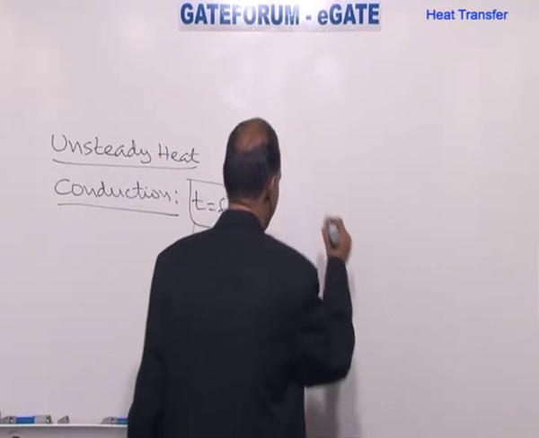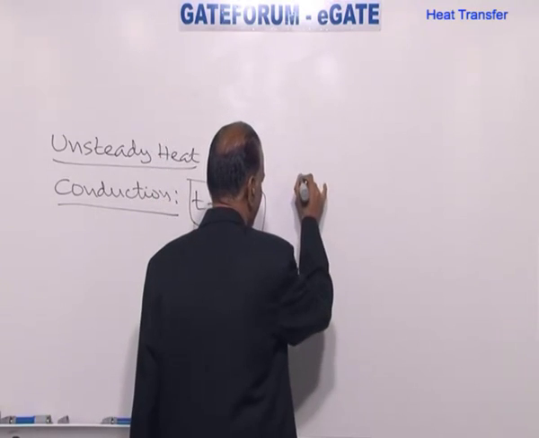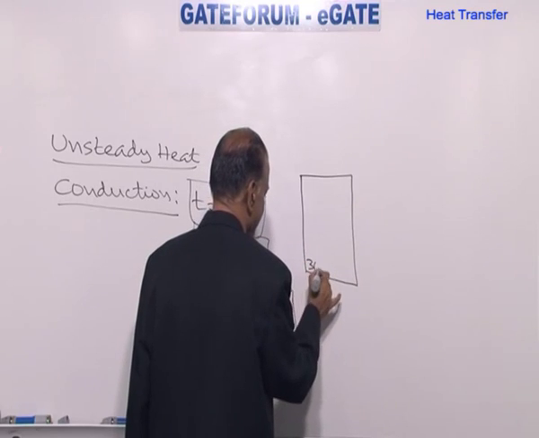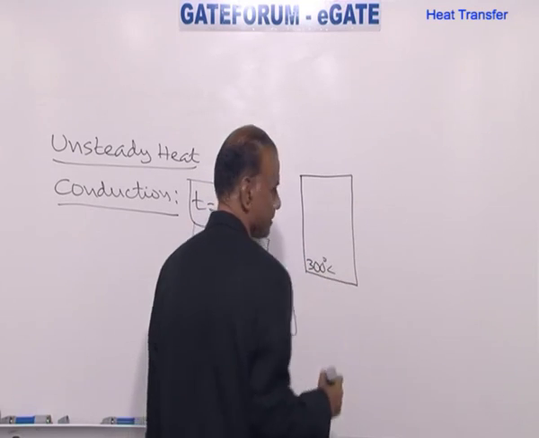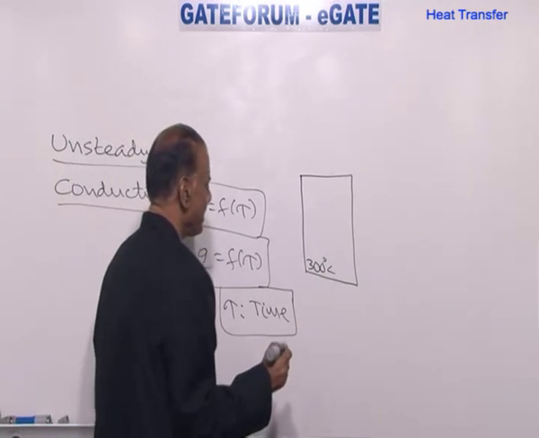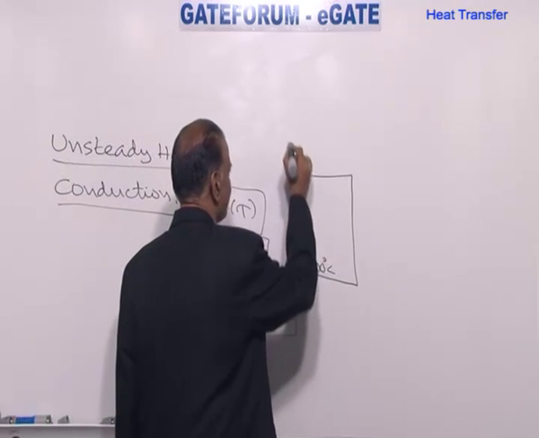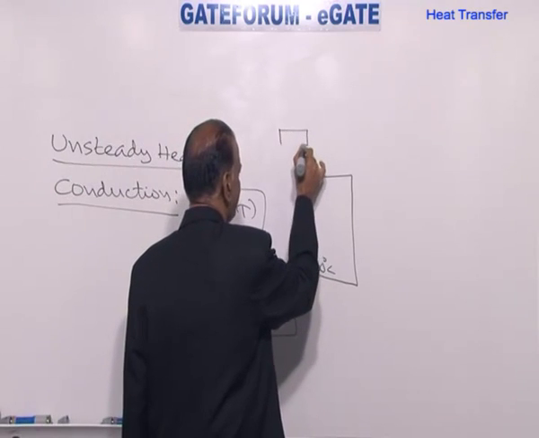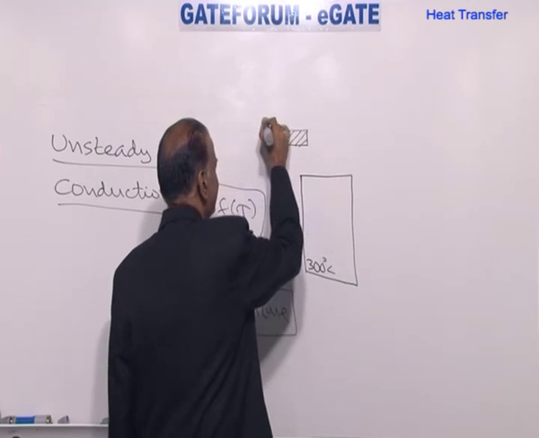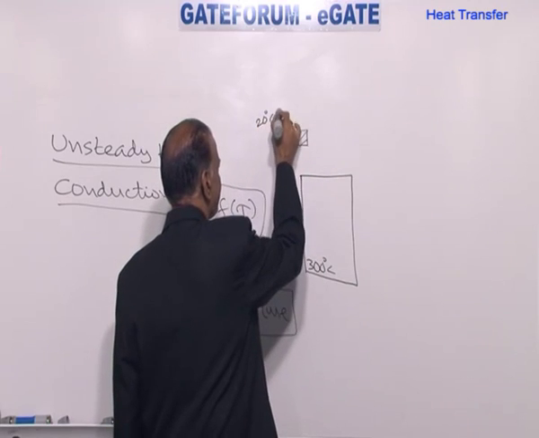For instance, if you imagine that we have a large furnace, very big furnace, maintained say at 300 degrees centigrade. Let us suppose we have a metallic piece, initially at 20 degrees centigrade.